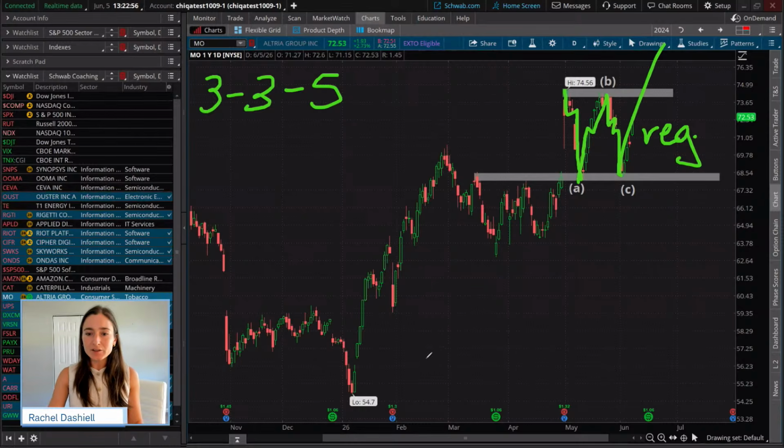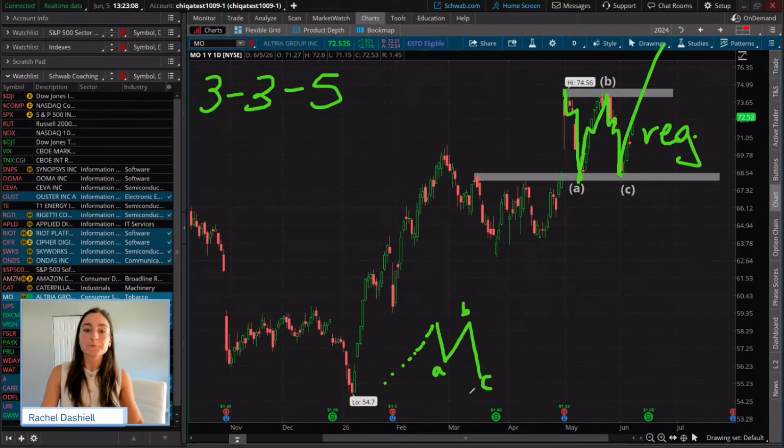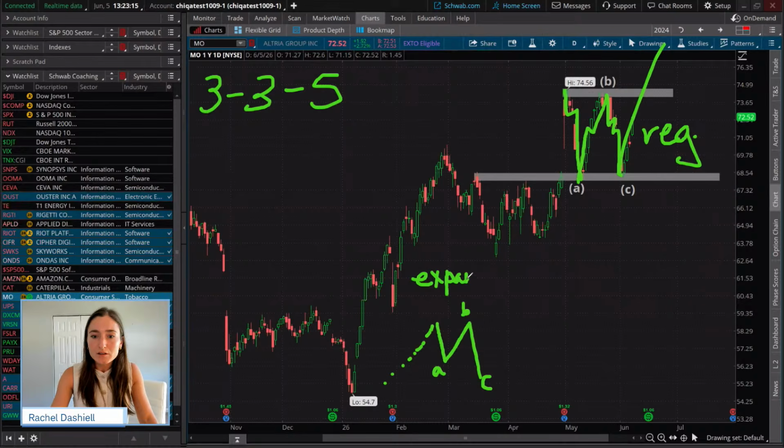So in an expanded flat, you have price going up in an uptrend, and then you have the consolidation from A, B, C. So this would be your A, this would be your B, and this would be your C. And so when you see this, okay, I'm going to write this. This is expanded.